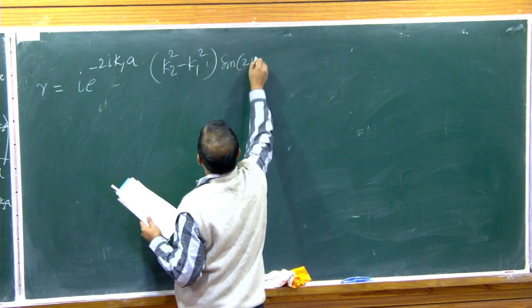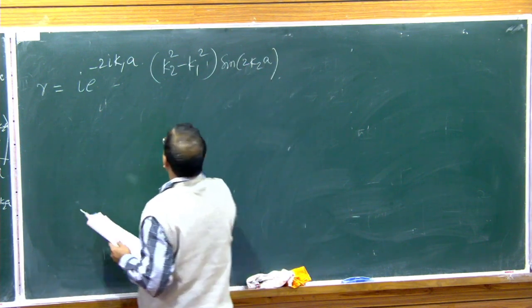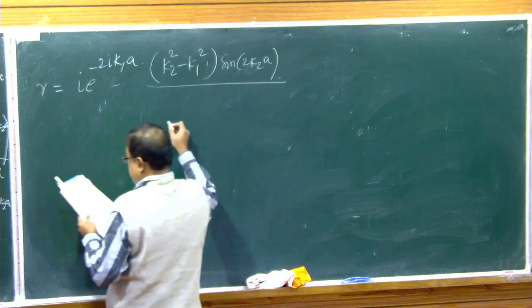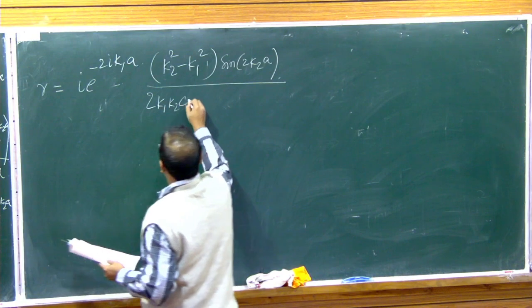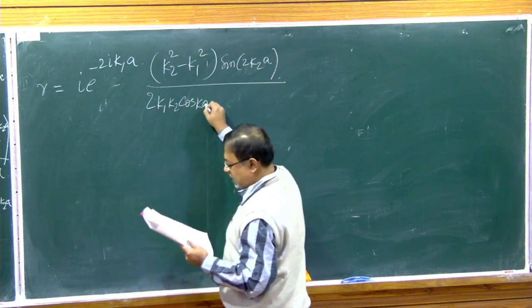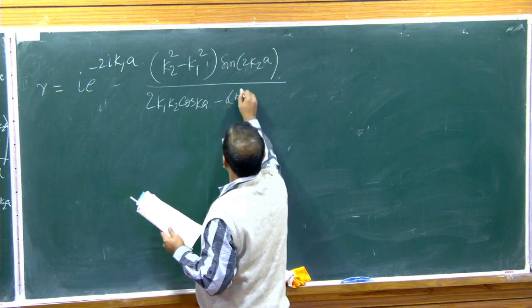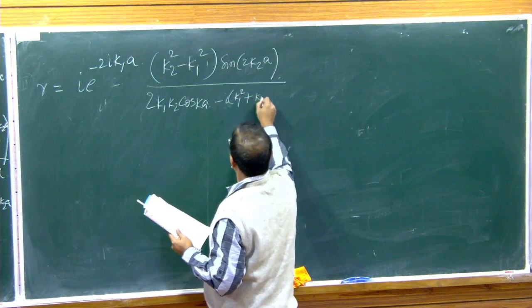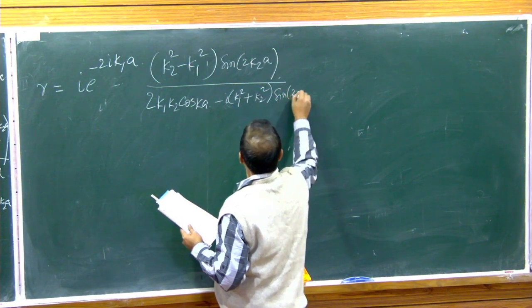I've given you the definitions of k1 and k2, and this is divided by 2k1 k2 cosine 2k2a minus i (k1 squared plus k2 squared) sine 2k2a.